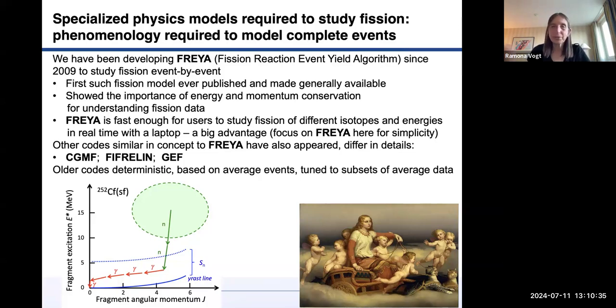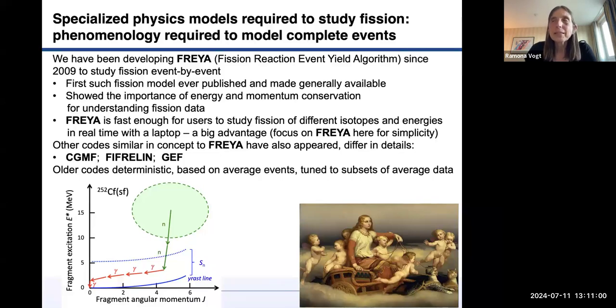So my collaborator, Jörn Randrup, and I have been developing FREYA, which stands for Fission Reaction Event Yield Algorithm, since 2009 to study fission event by event. And this is the first fission model that was published and made generally available. You can go to Computer Physics Communications and download it and play with it yourself.